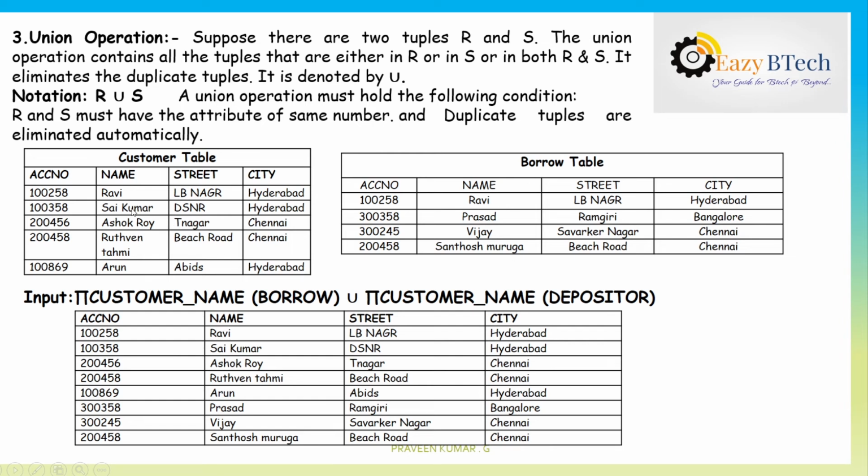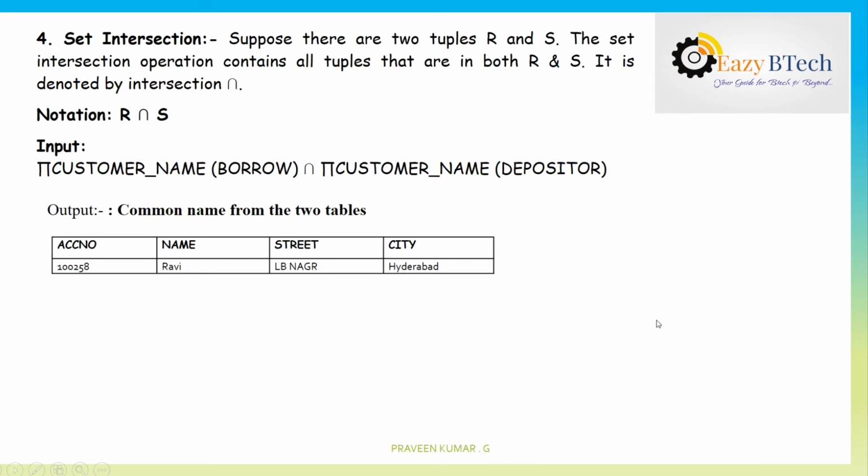Like that, it checks each and every name with the names in the second table. If any name is equal, then it removes that particular row in the output table. This is about the union operation.